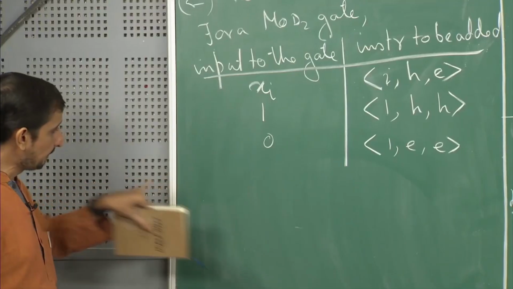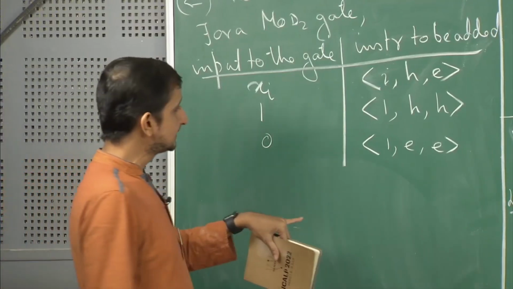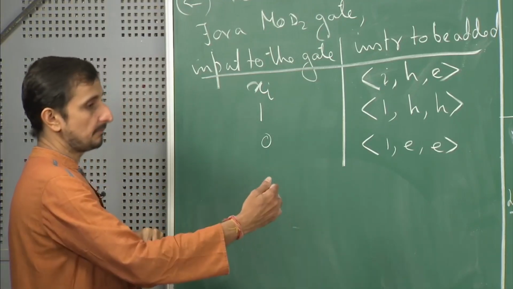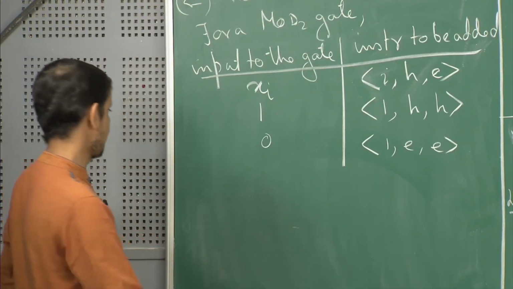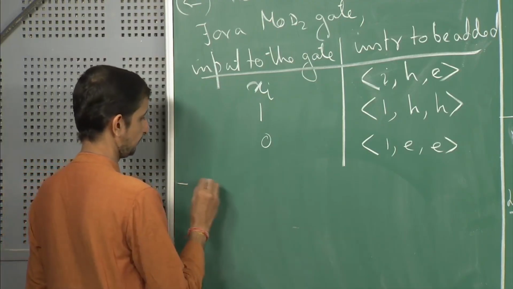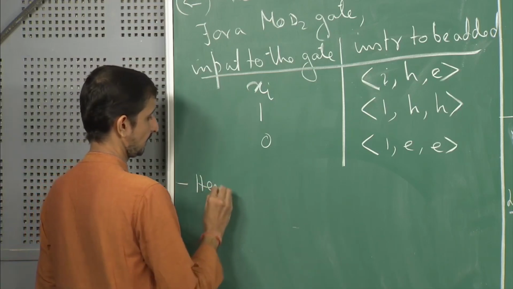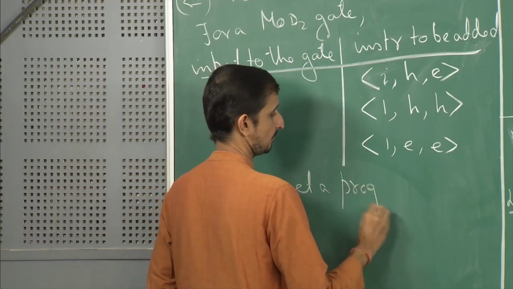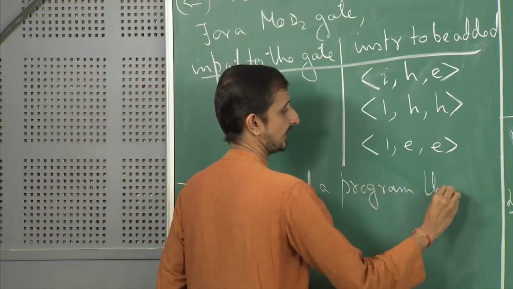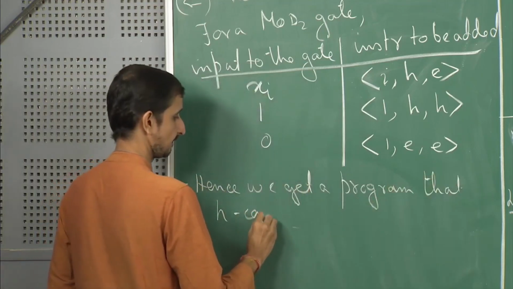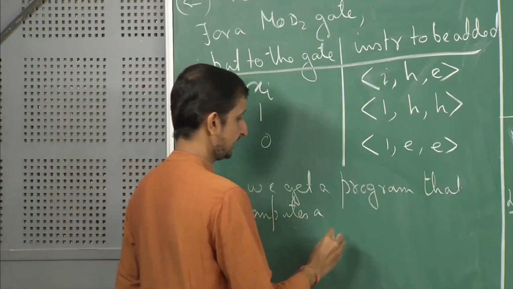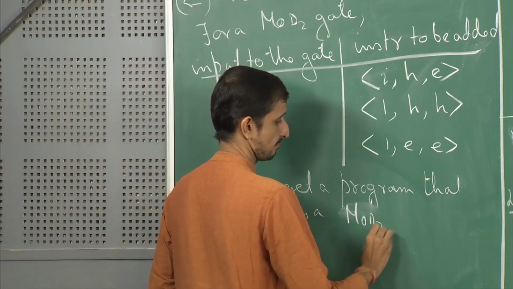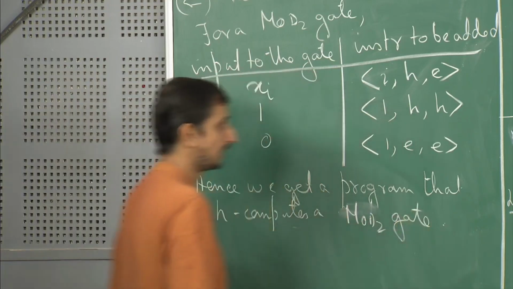Now, the point is that for a mod 2 gate I have a program. So, hence we get a program that computes a mod 2 gate, right.